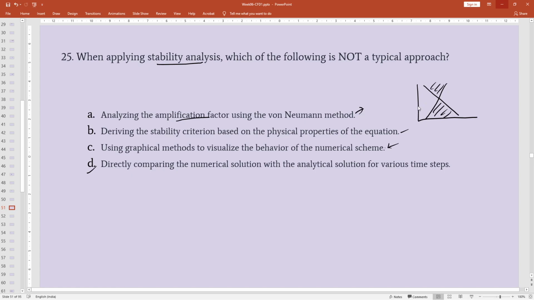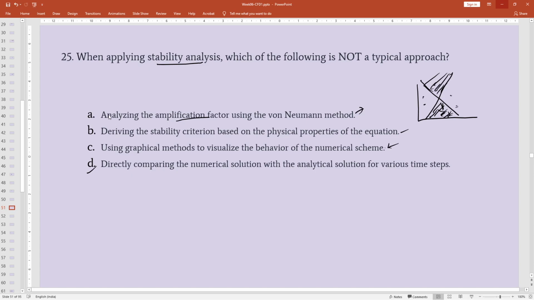Suppose this shaded region is the domain of our solution, and if we can plot this and analyze whether the solution of any numerical scheme or step is going outside this domain, then this type of approach can also be applied for stability analysis.